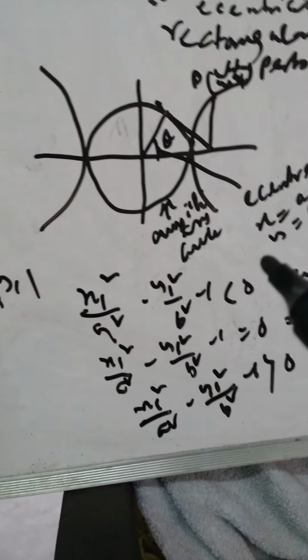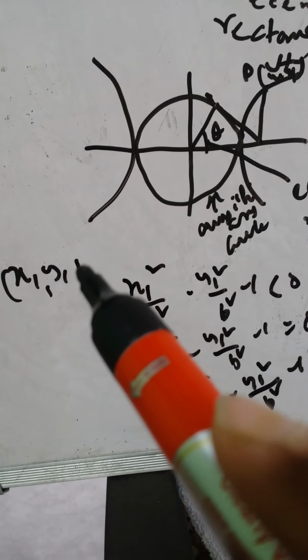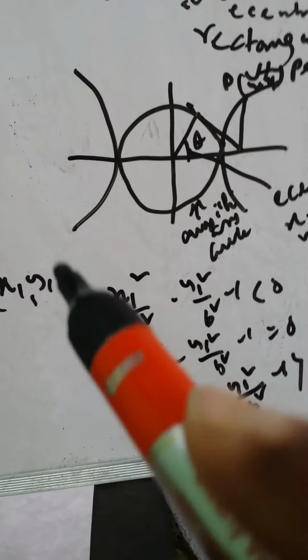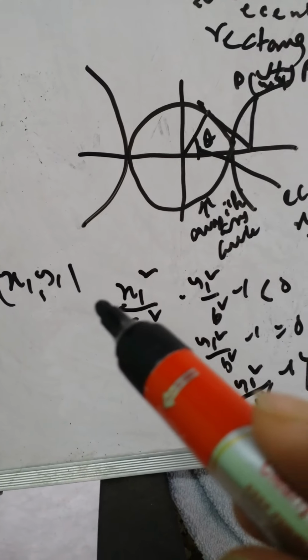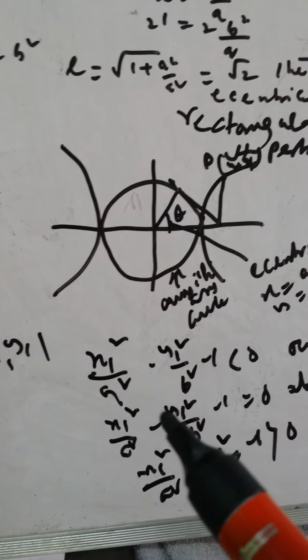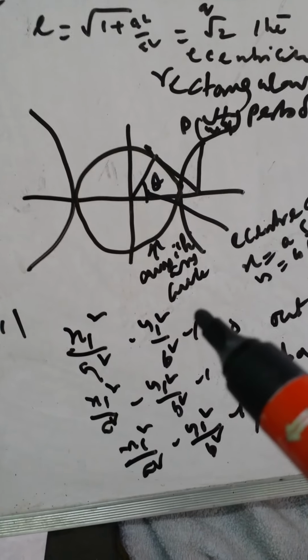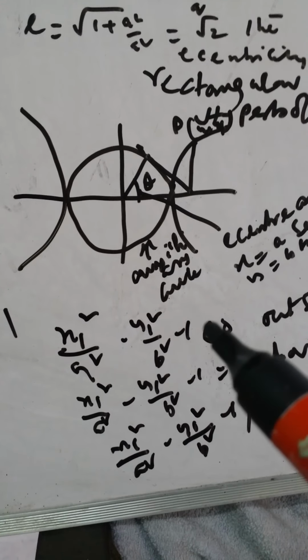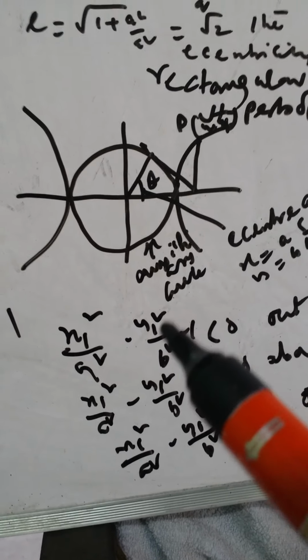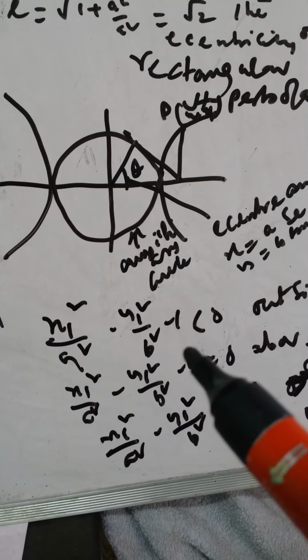Okay. Now to determine whether x1, y1 is a point outside the hyperbola, on the hyperbola, or inside the hyperbola, we put this point here.